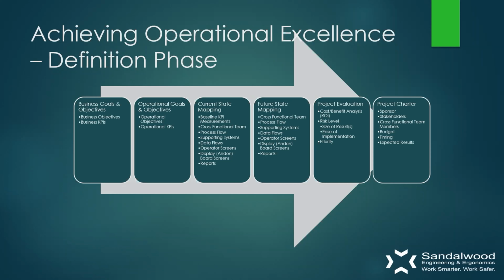So being able to define those as part of your future state is important, as well as, how is data going to flow? What changes do you need to make to your operator screens? Maybe what you display on your andon boards is going to change. Yeah, I mean, that's critical for establishing those positive feedback loops with visual controls out on the shop floor.